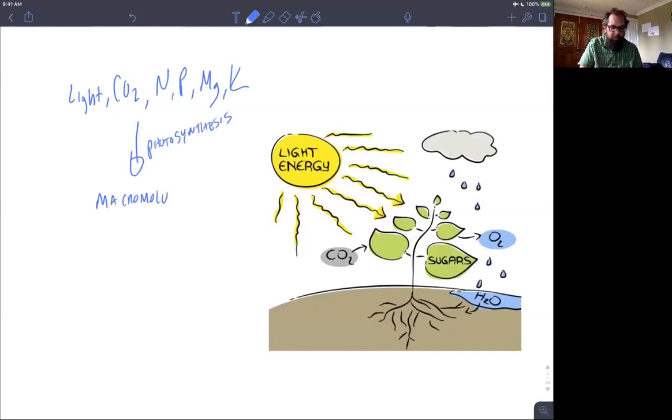These are the sugars that are the result of photosynthesis that allow them to continue to grow and maintain their structure throughout their lives. So these are the diffuse resources that are out there in their environment: light, mineral nutrients, carbon dioxide, and this allows them to photosynthesize and create those macromolecules.